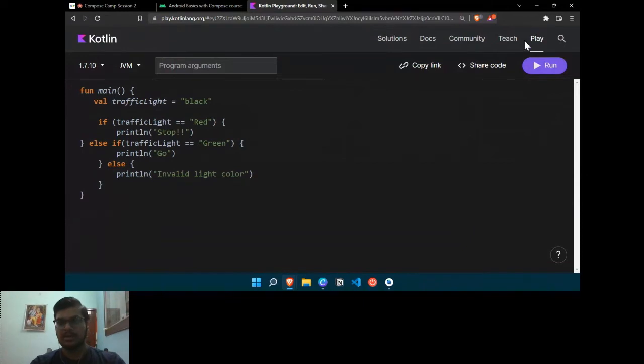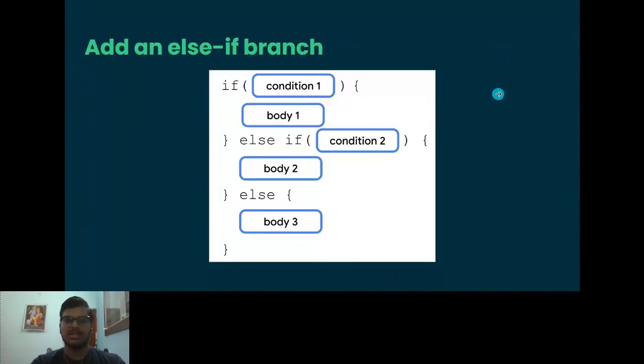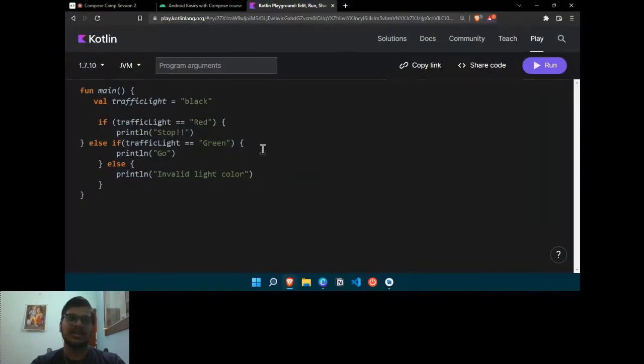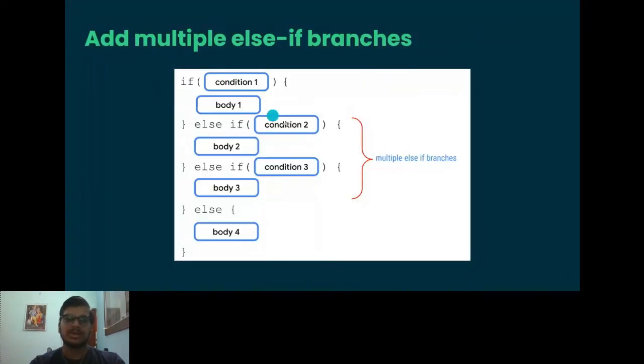Okay. So this is the else if branch. I have added only one else if statement here. You can add as many as you want. It will not affect anything. But you need to take care of a few things, which I'm going to talk about right now.